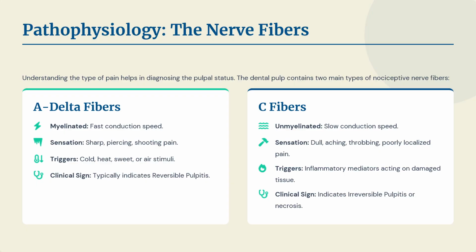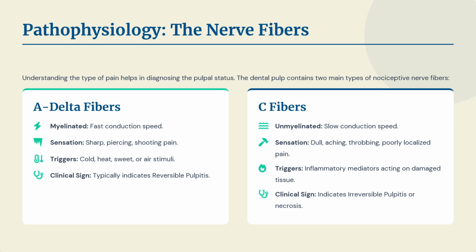Now, which nerves are predominantly involved here? There are two types of nerve fibers: A delta and C fibers. These two are the ones which you need to remember. Ignore the conduction speed, but focus more on the sensation.